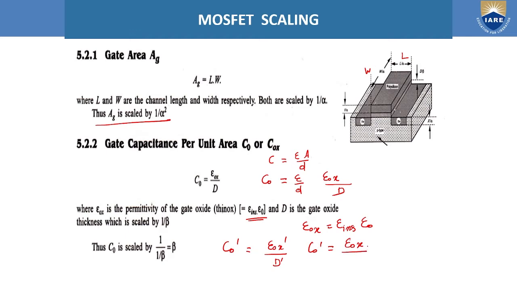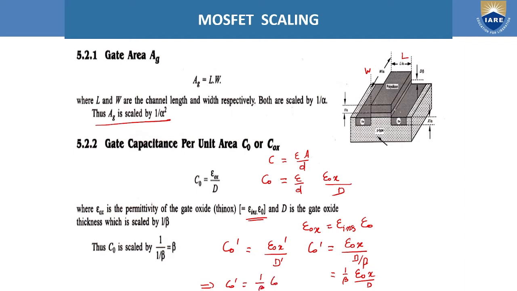But D dash, that is the thin oxide thickness, I told you is going to be scaled by the factor beta. It is going to reduce by the factor beta. So D dash is nothing but D by beta. So I can write this is equal to beta into epsilon ox by D. So it means that C0 dash is equal to beta C0.